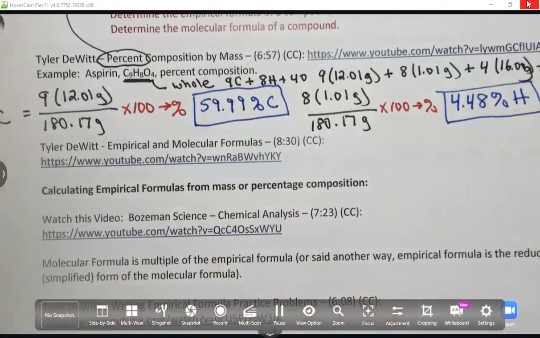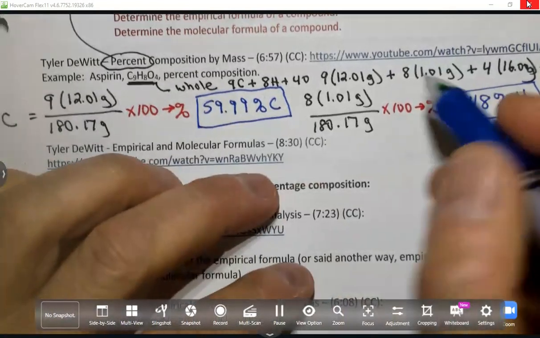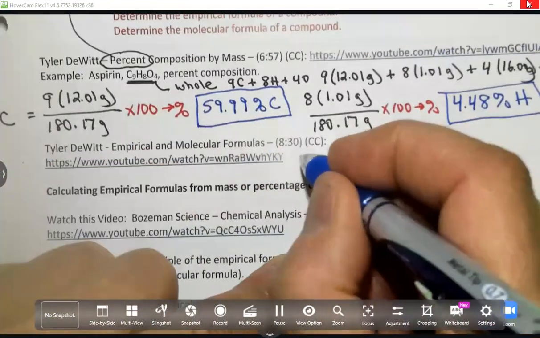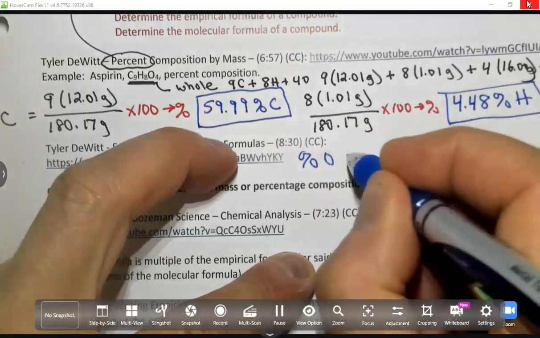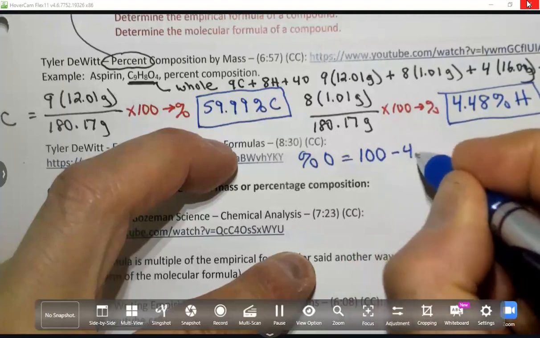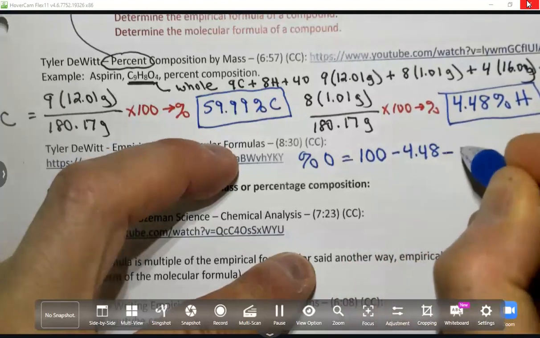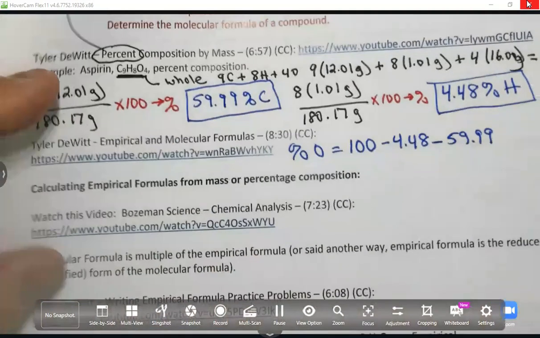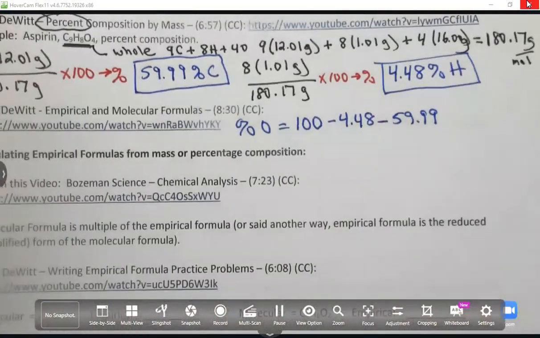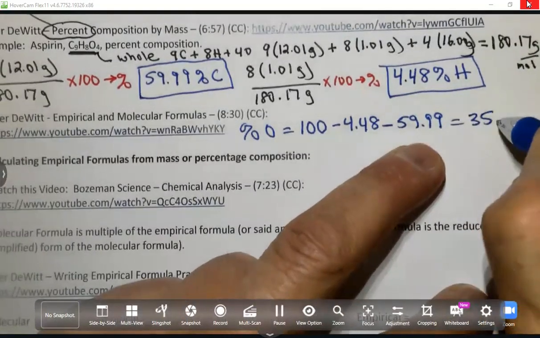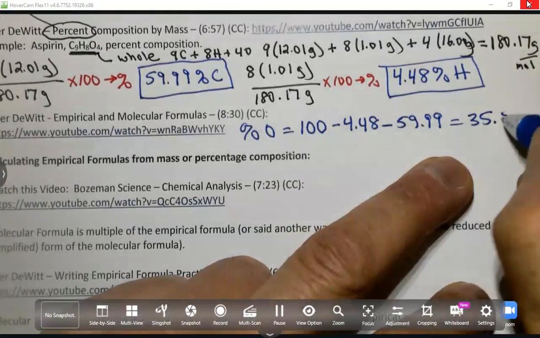Then there's 3 different elements in the compound, all adding to 100%. You could do the same thing for oxygen, but we can just do this. Percent oxygen is going to be 100 minus 4.48 minus 59.99. All of those units are percent. And if we subtract that out, I should have put percent on all of those.